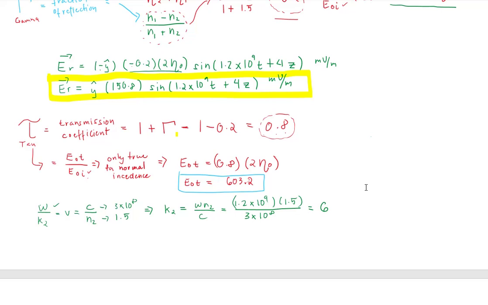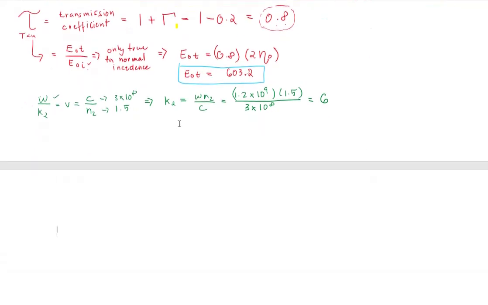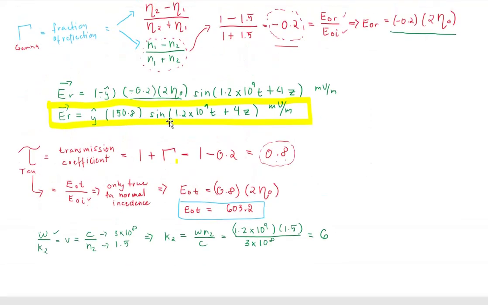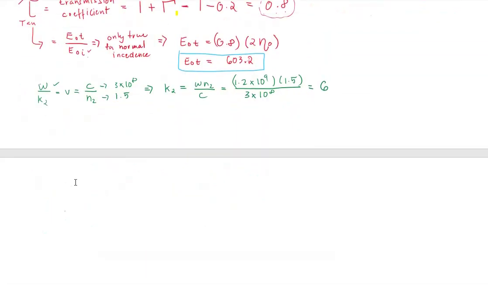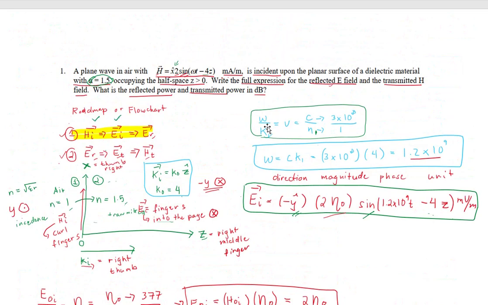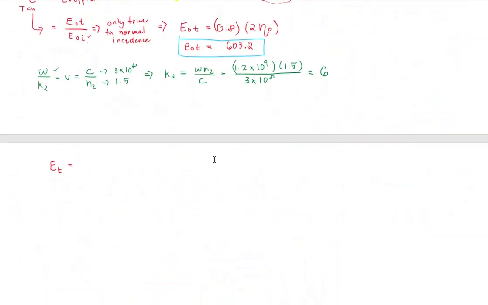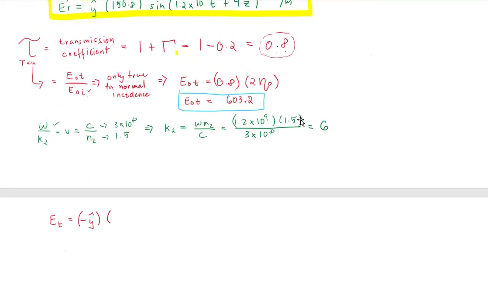So now we could write down our function for E_s of t. That is going to be E transmitted. Now the direction is going to be the same as E_s of i, negative y hat, right? Negative y hat. The magnitude is given over here.